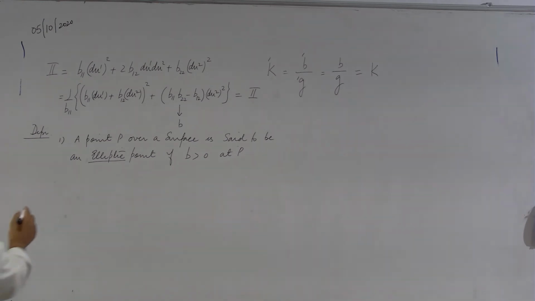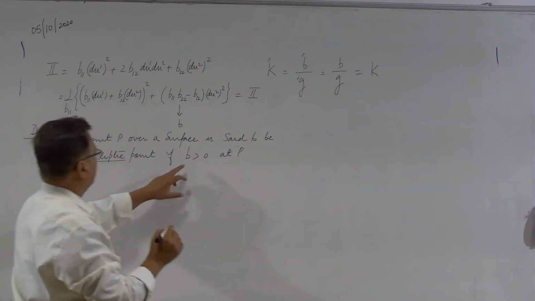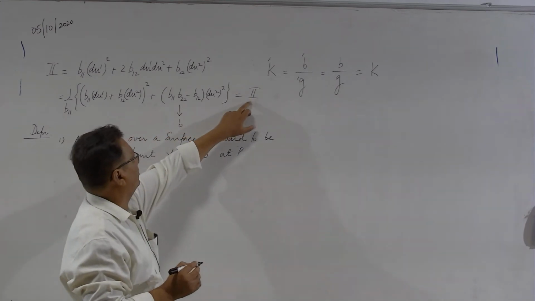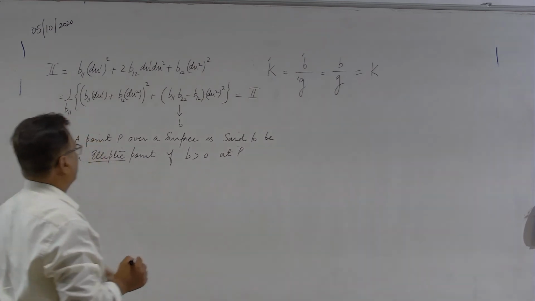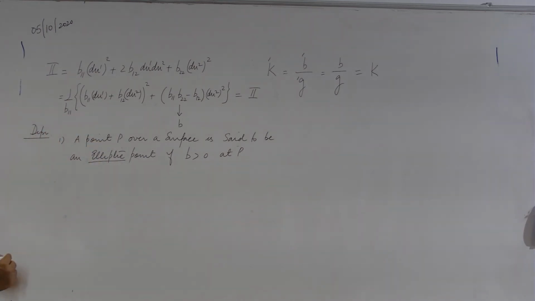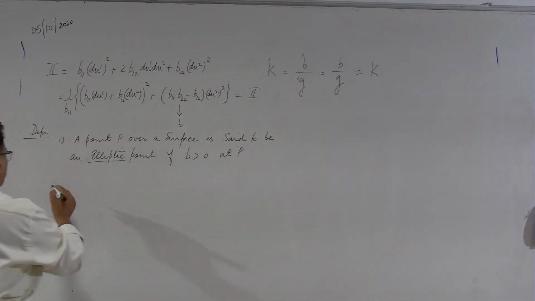You can see the quadratic form will be positive definite if this quantity is positive. I will call such a point an elliptic point.